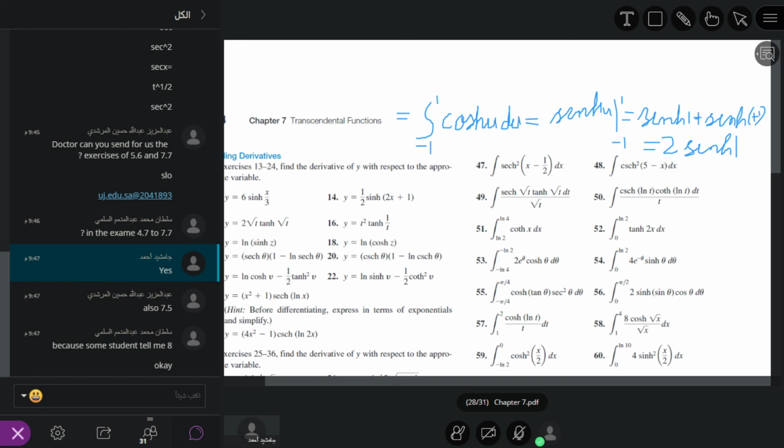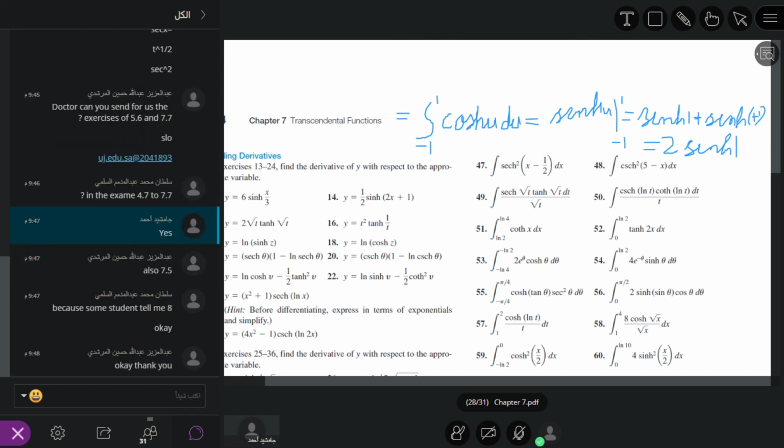So tomorrow I sent this 5.6. You can check, Abdul Aziz. Tomorrow I shall send you the 7.5 and 7.7 solution manual, inshallah. Okay.